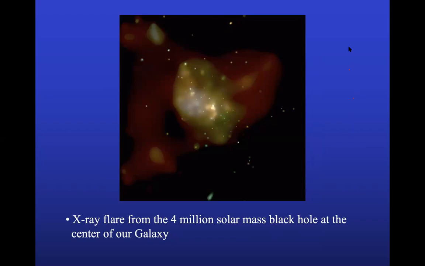In our galaxy we have one such black hole, and this is the X-ray flare coming from that particular black hole. It has a mass of about 4 million solar masses. You can think about the size of that, right? That's why they are called supermassive black holes.